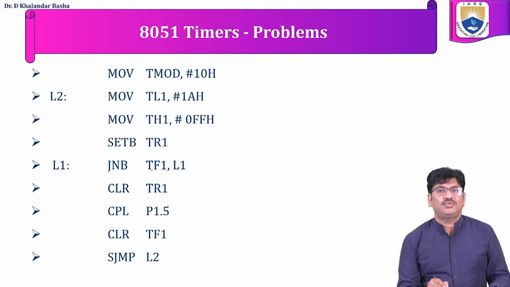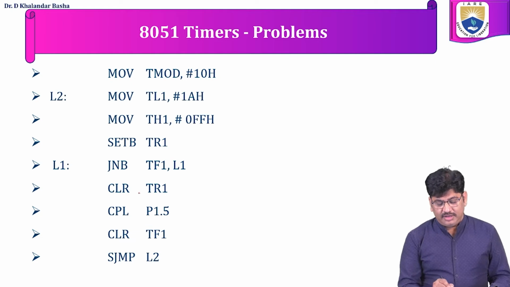If TF1 is equivalent to 0, go for iterating here only. When TF1 bit is 1, come out of the loop. Here we can go for clearing the timer run 1 bit, that is for stopping the timer. Complement the port bit P1.5, clear overflow, then SJMP L2.